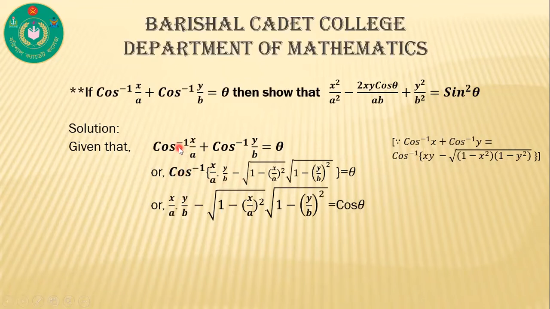Now after applying this formula, we can write xy by ab minus root 1 minus x by a whole square, root 1 minus y by b whole square is equal to cos theta.